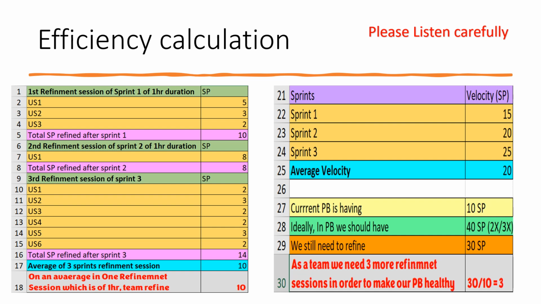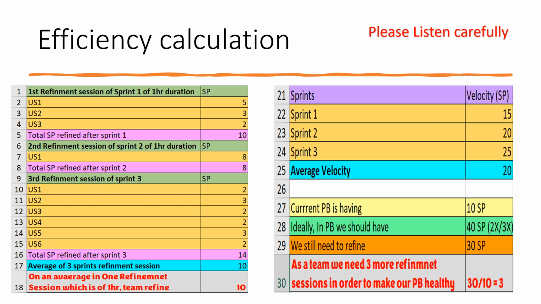Ideally, if you want to have your product backlog more healthy, your product backlog should be refined 2x. That means the average of your velocity into 2 or 3. Again, average velocity for my team is 20.